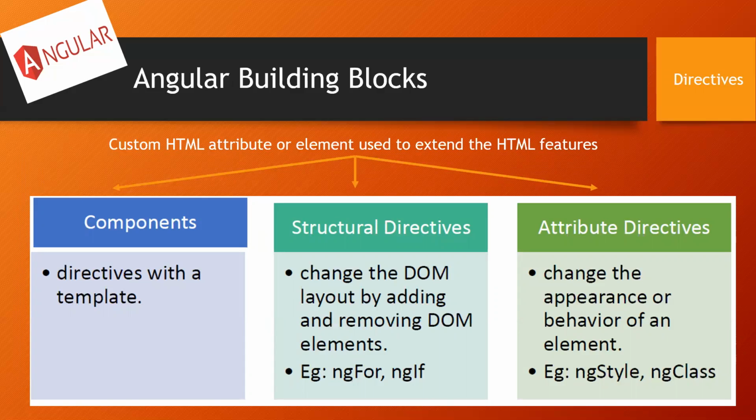Last is attribute directives. If you want to change just the appearance or behavior of an element, without having to remove or add one, we use attribute directives, like ngStyle to give styling, or ngClass to define a CSS class for a particular element to change its appearance or behavior.